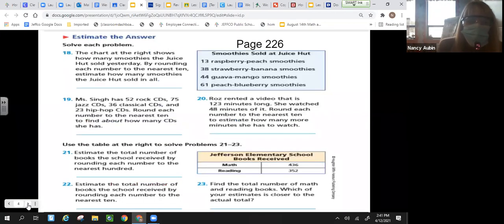All right, we have smoothies sold at the Juice Hut. We have to estimate the answer. We have 3 questions to go with this one. The chart at the right shows how many smoothies the Juice Hut sold yesterday. By rounding each number to the nearest 10, estimate how many smoothies the Juice Hut sold in all.